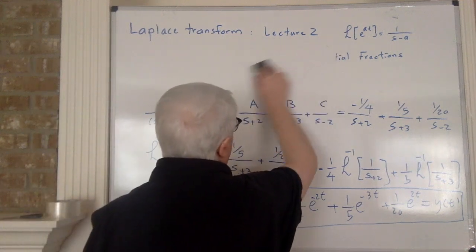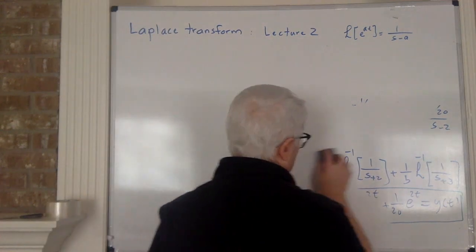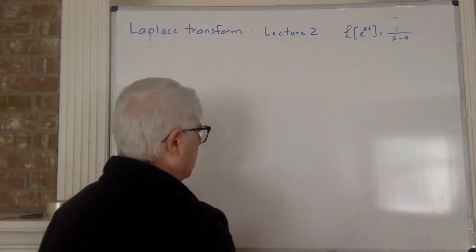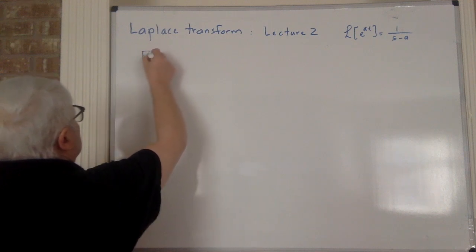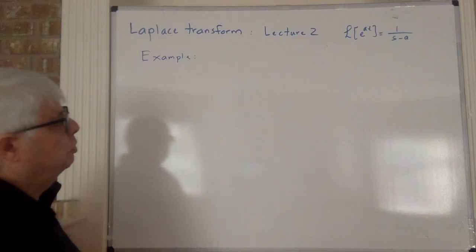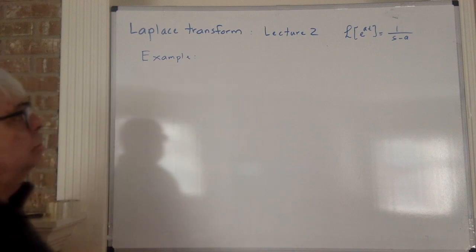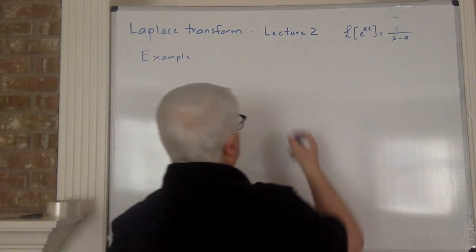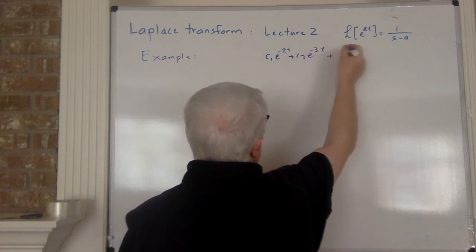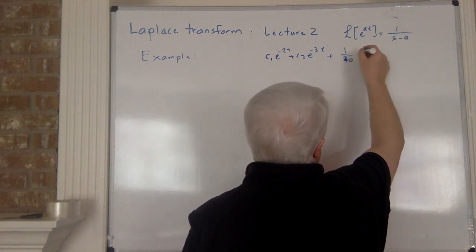So let me give you another example. Remember, if you try to solve that using the method of undetermined coefficients, you will get something like c1 e to the power minus 2t plus c2 e to the power minus 3t plus, what was it, 1 over 20, something like that, e to the power 2t.